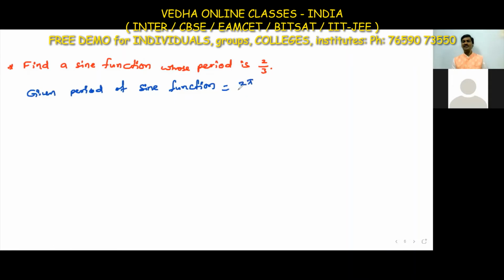The formula is the same for cos and sine: 2 pi by mod a, where the period value is given as 2 by 3. This is the formula, this is the given value.